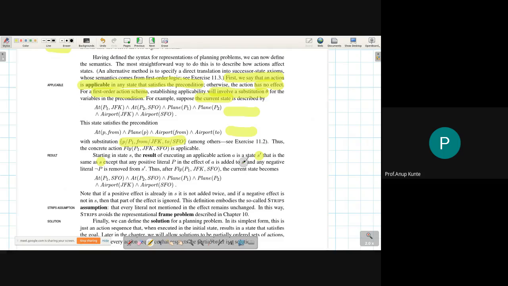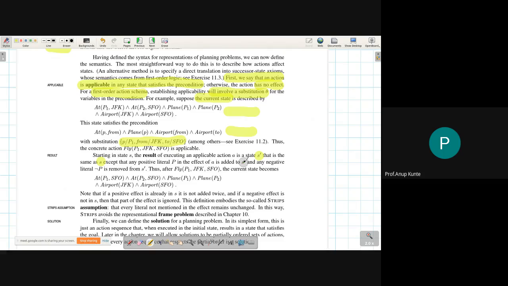Now, if we consider the current scenario, we have the precondition that P1 is at JFK and the destination is San Francisco. P1 will be flown from JFK to San Francisco. As P1 flies from JFK to San Francisco, At(P1, JFK) is now negated. Okay. At(P1, SFO) is now asserted. And all the other things remain the same.